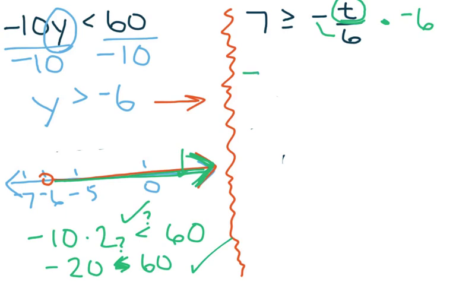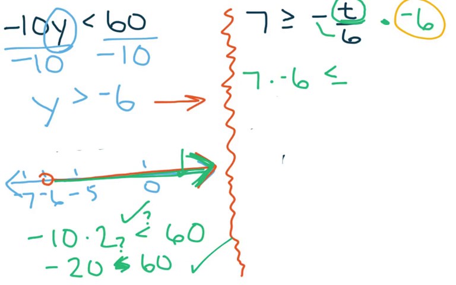So I can take 7 times -6. As soon as I do that, I'm going to flip the sign, because I did multiplication by a negative number. Okay? So I'm going to do 7 times -6. Sorry about that. Let me just grab that.